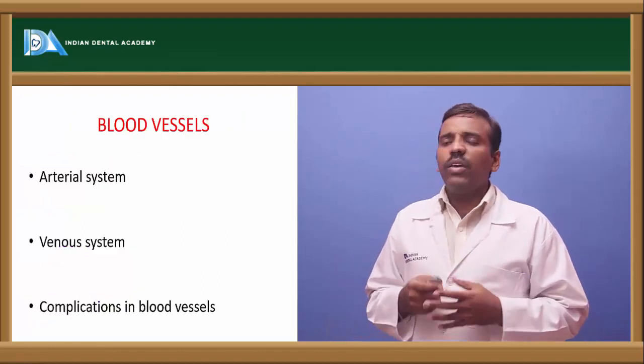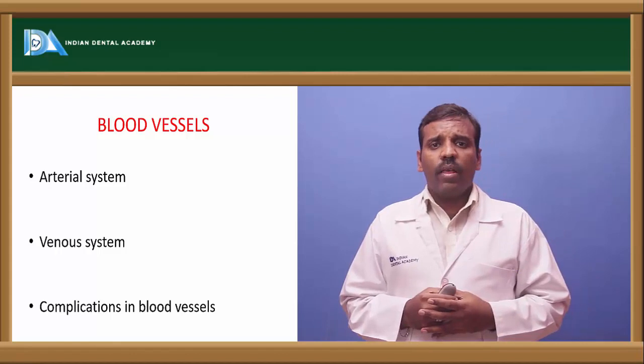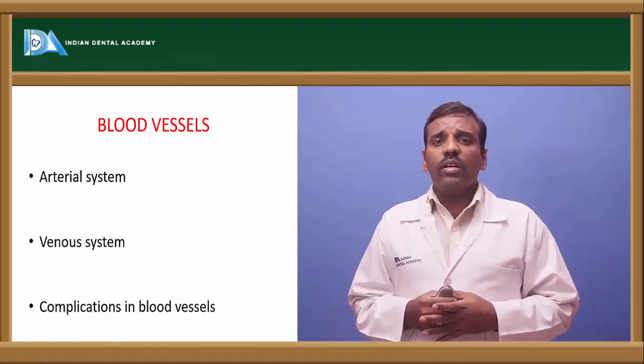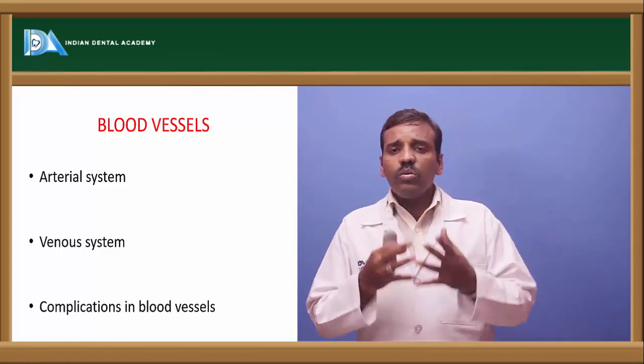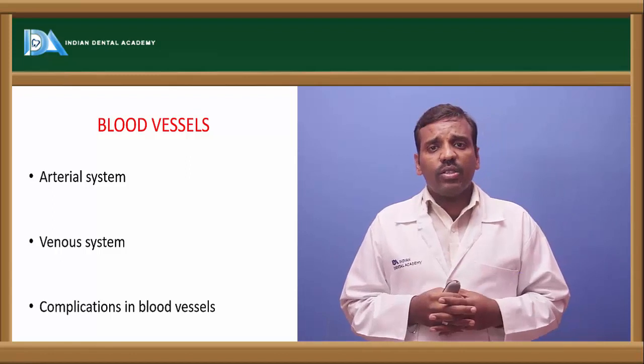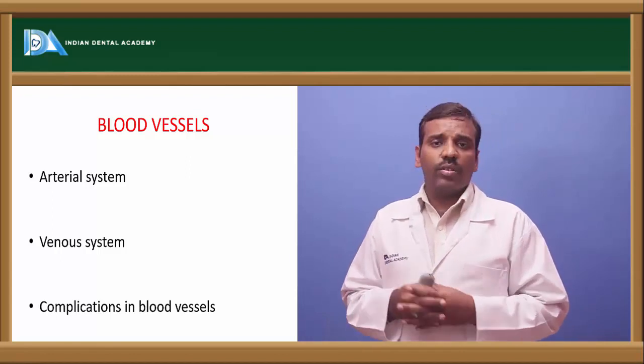Right, and next, if you see the blood vessels from the heart and to the heart, they are divided into 2 types. One is the arterial system and another one is the venous system.